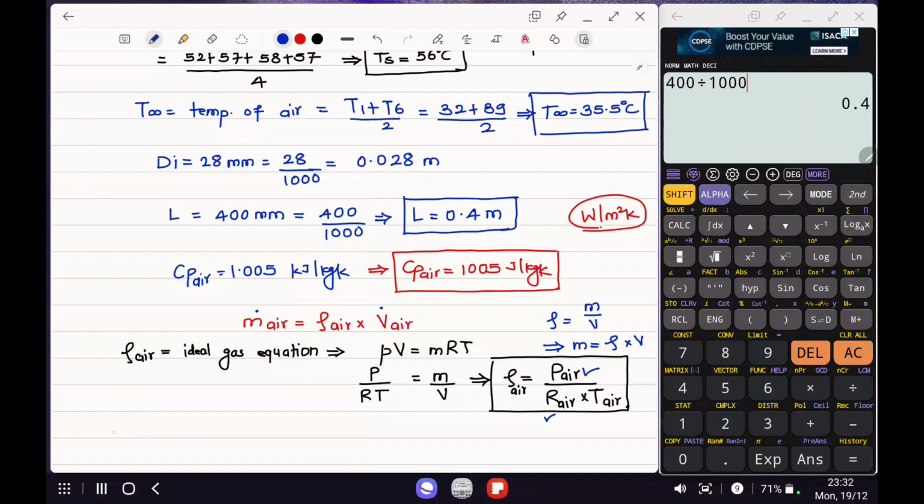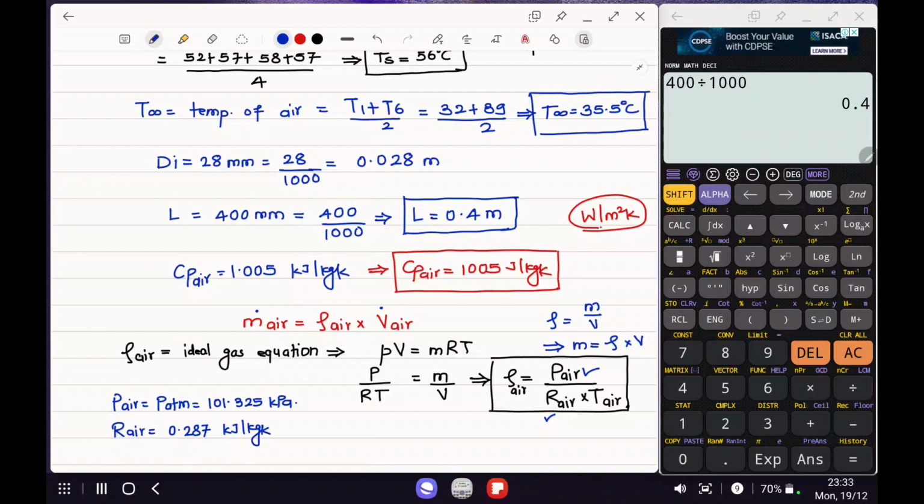So I will just put down these quantities. The first thing is P of air. It will be as good as atmospheric pressure, so atmospheric pressure is 101.325 kilopascal. Then the next thing is R of air, that is equal to 0.287 kilojoule per kg Kelvin.